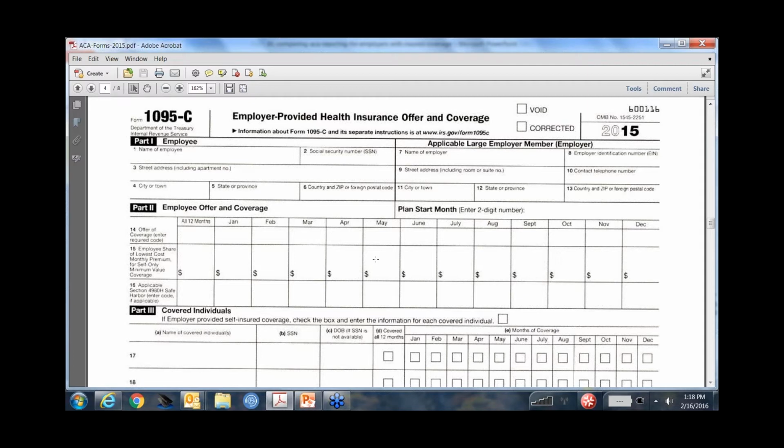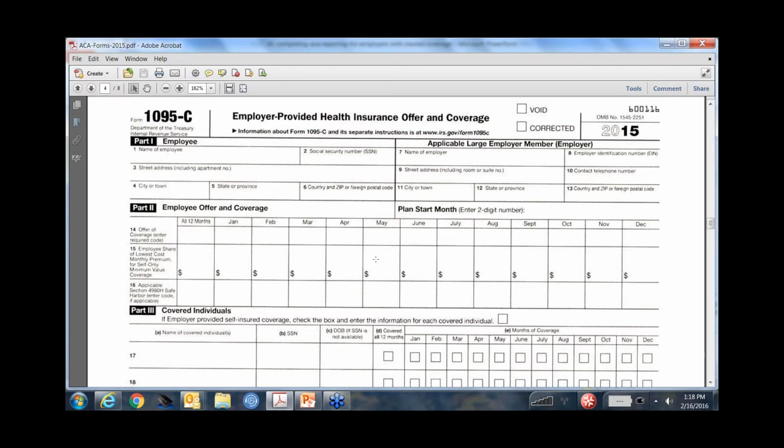Okay? Any other questions? Yes, we have some people, we have a pretty good turnover. So if they only work here like 2 months, they obviously wouldn't even go through the measurement period completely. So there's no 1095 for them? Well, it all depends if they're a variable hour employee.